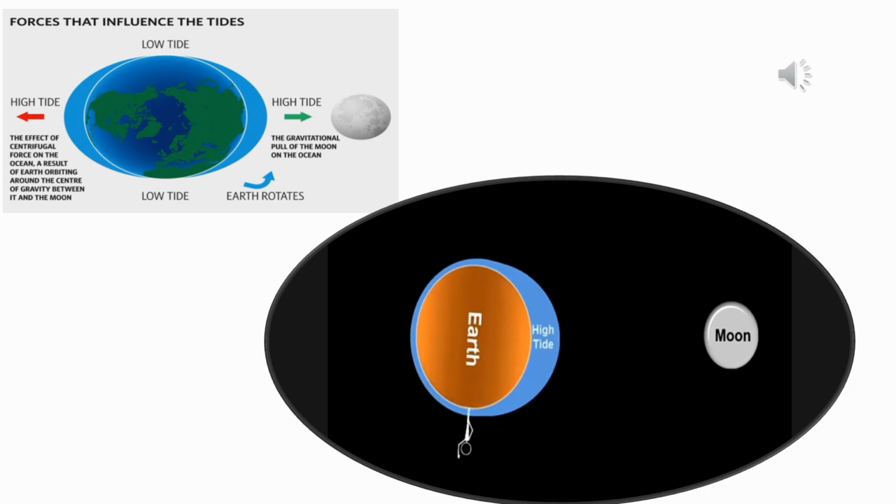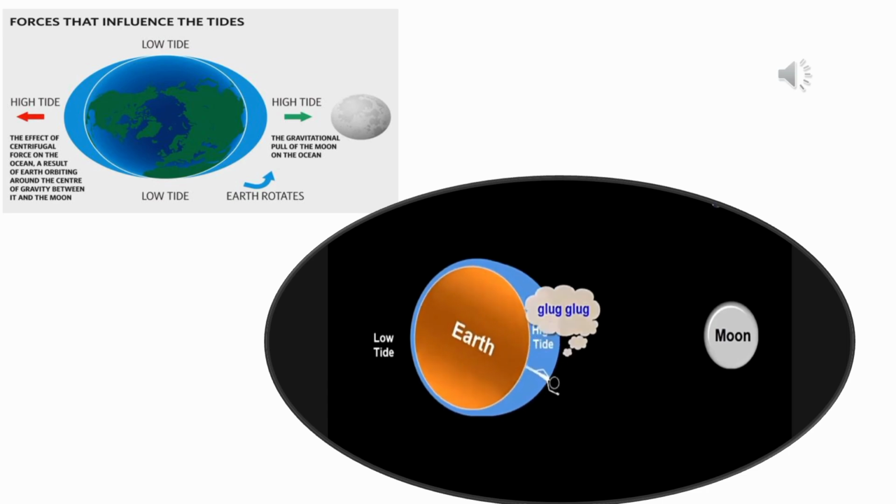These take place in such a way that one end is big and the other end apparently is small. So the bigger end is the one we call the high tides. Then the smaller end is what we call the lower tides.